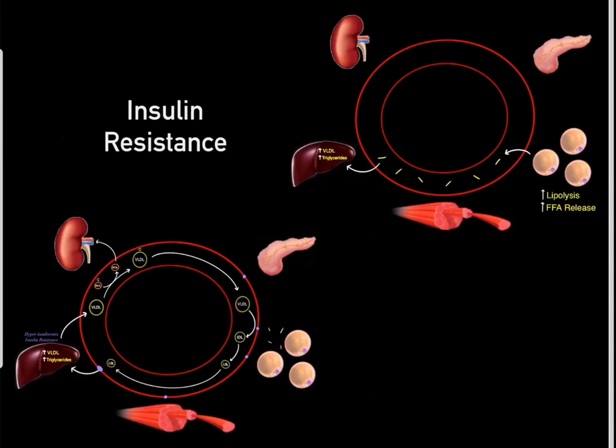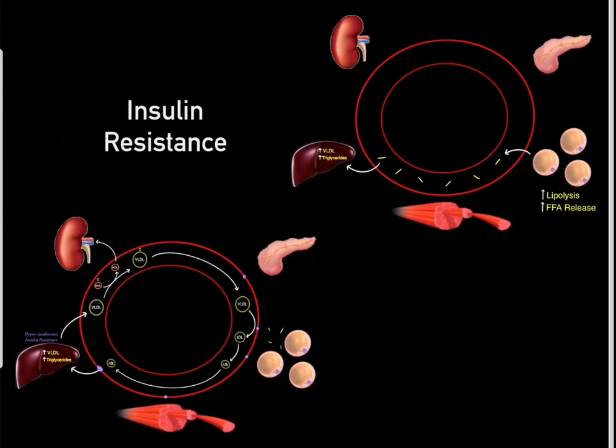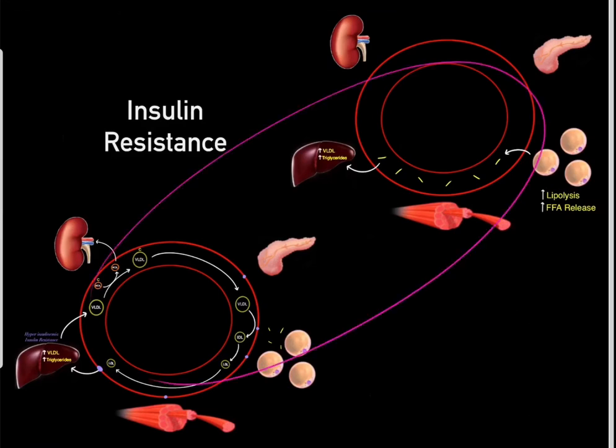So this activates a toxic cycle where the adipocytes give free fatty acids and excess fat to the liver, and then the liver gives back that excess fat to the adipocytes. So then we have this constant cycle, this toxic cycle.